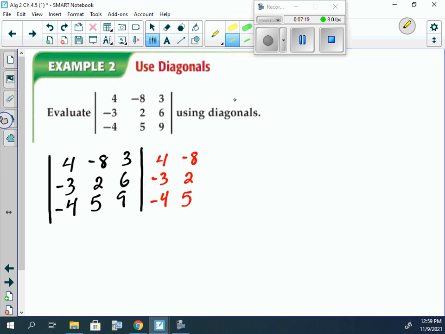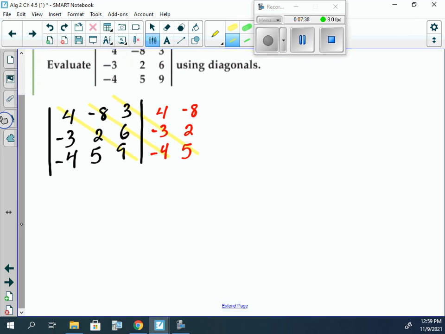All right, guys. So our diagonals are still going to hold true because we're going to have 1, 2, 3 diagonals going across. And the reason we wrote those first 2 columns again was to see those diagonals nice and clearly. So from the left to the right are going to be multiplied together.